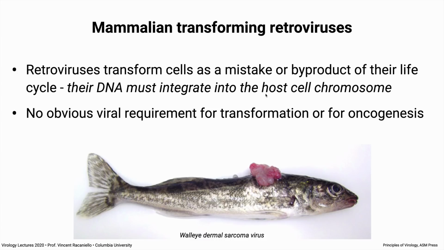You don't need the oncogene to replicate. It's a good mistake for us because we learned about transformation in cancer, but the virus absolutely does not need it. There's no requirement for transformation or cancer causing in the reproduction cycles of these viruses, with, of course, the exception of walleye dermal sarcoma virus, which requires tumor formation because the tumor falls off the fish and it spreads the virus in the waters to other fish.